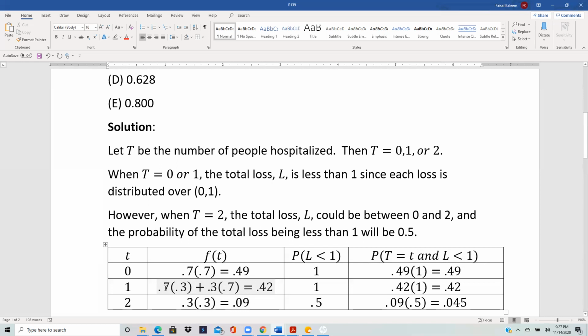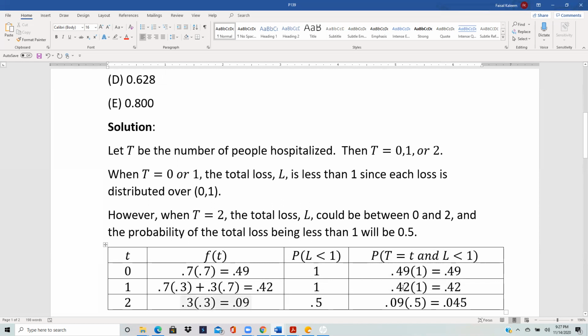So that ends up being 0.42. And similarly, in this case also, the probability of loss being less than 1 is 1. And so the probability T is 1 and loss is less than 1 is 0.42 times 1.